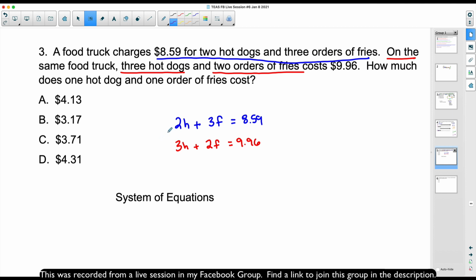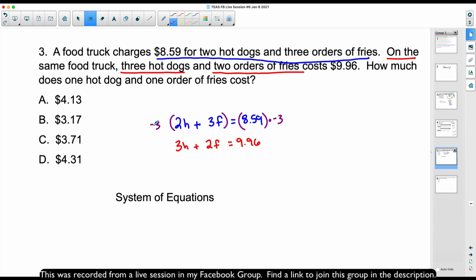What I'm going to do here is multiply this top equation by a -3. Now you might say, well, why am I multiplying by -3? Well, just hang tight. And this is totally fine as long as we multiply this side by -3 as well. So let's multiply.